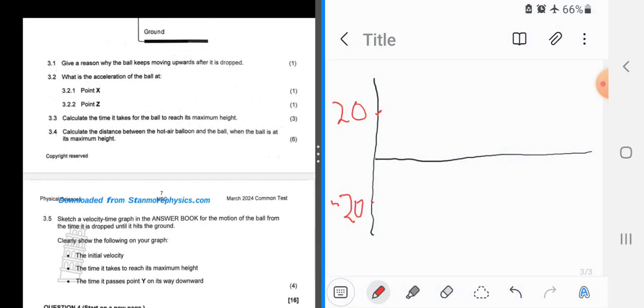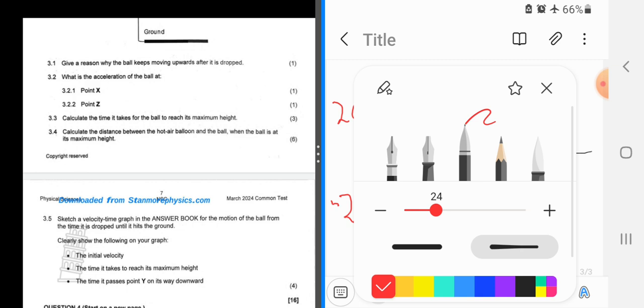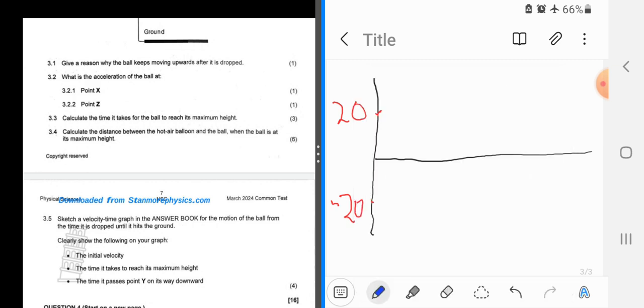I will still show it to you in the memo, don't worry. So we'll come from here, and then this part will have 2.04. We'll have 2.04, which is the time.